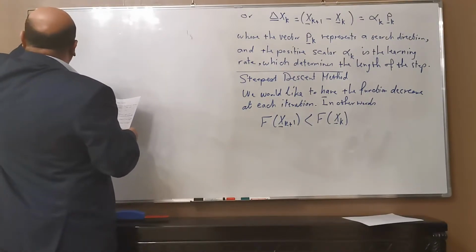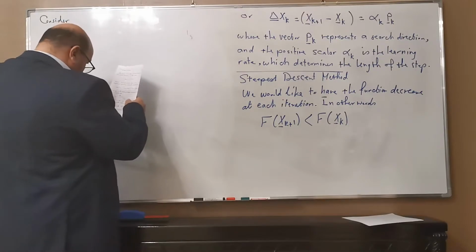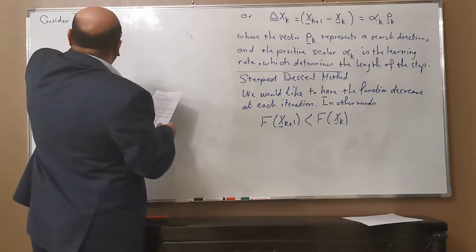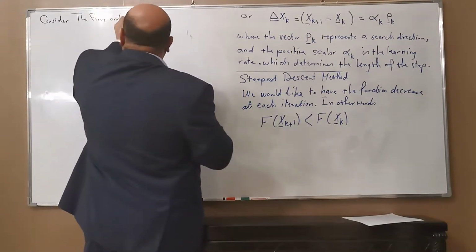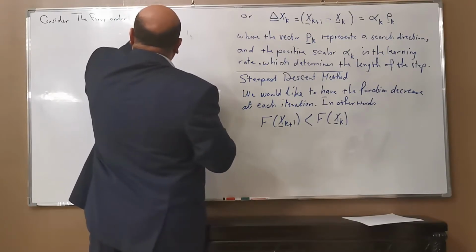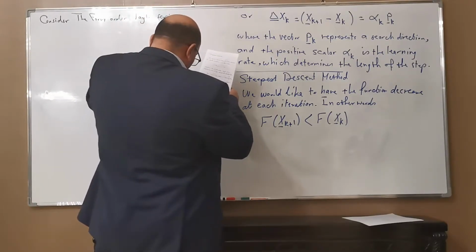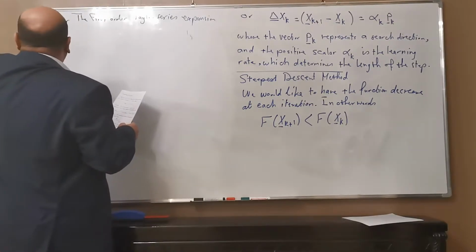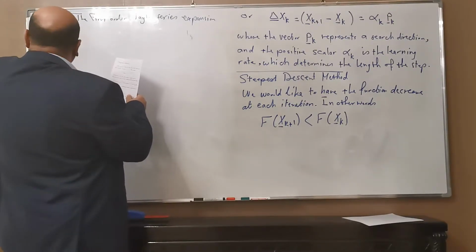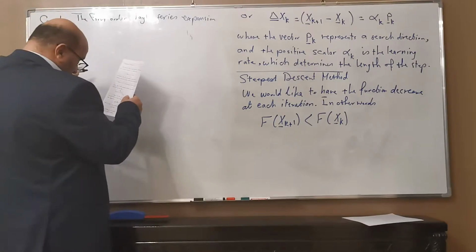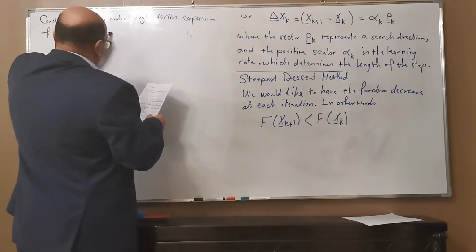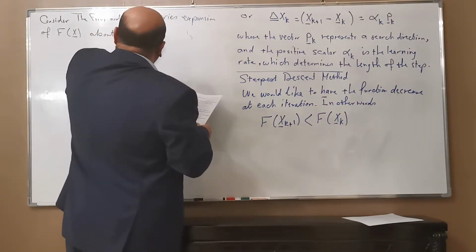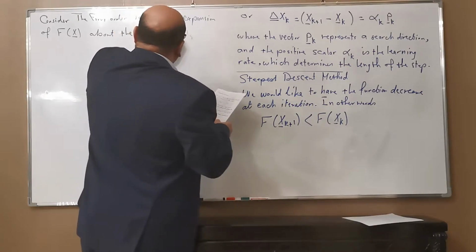So consider the first order Taylor series expansion of f of x about the old guess, which is x at k.